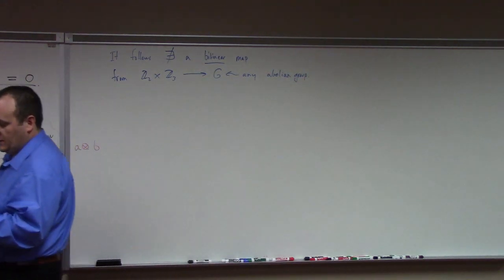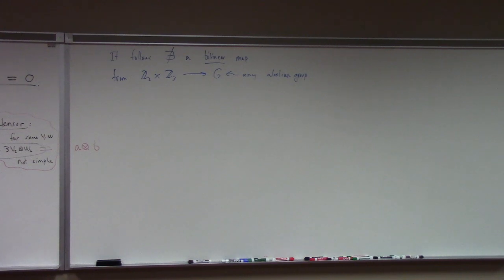Remember, corollary 12 says that there's a one-to-one correspondence between R module homomorphisms from M tensor N into L and bilinear maps.